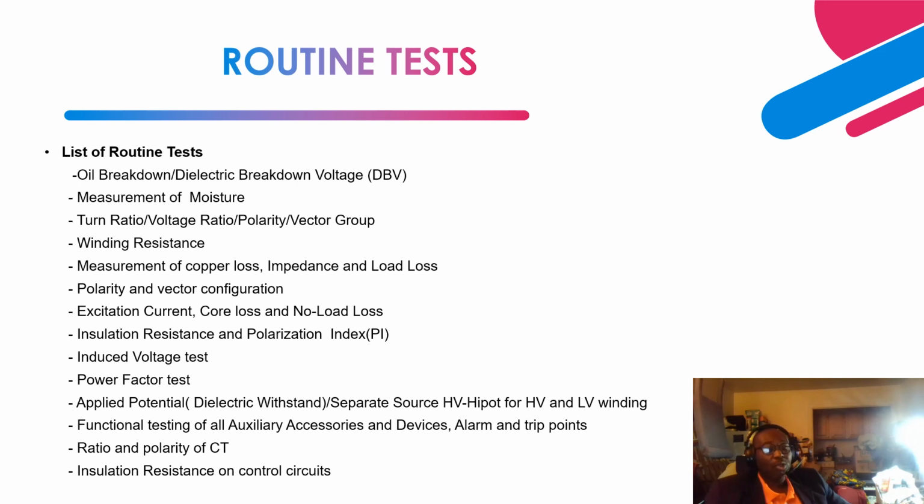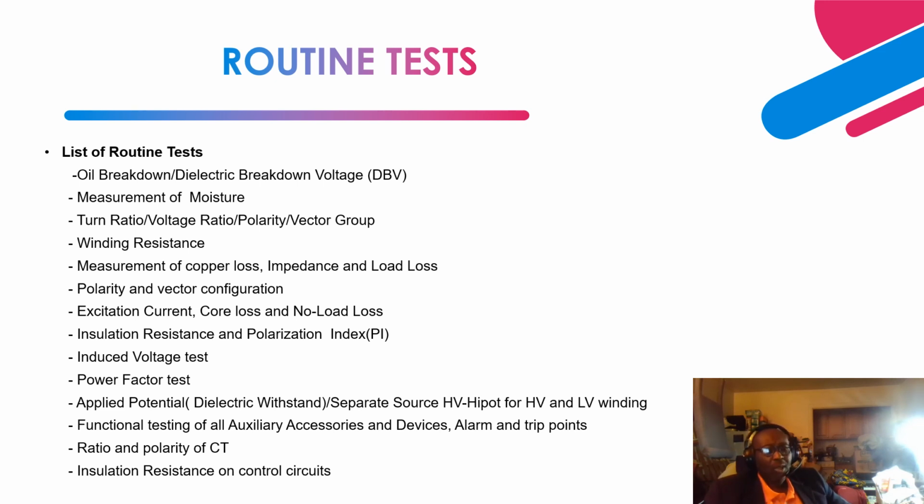You perform the testing for each phase and compare the results between phases. The difference shouldn't be more than 2 to 4% of the average winding resistance. The goal is to compare the measured winding resistance with what was obtained in the factory and make sure that there's no significant change in the winding resistance.